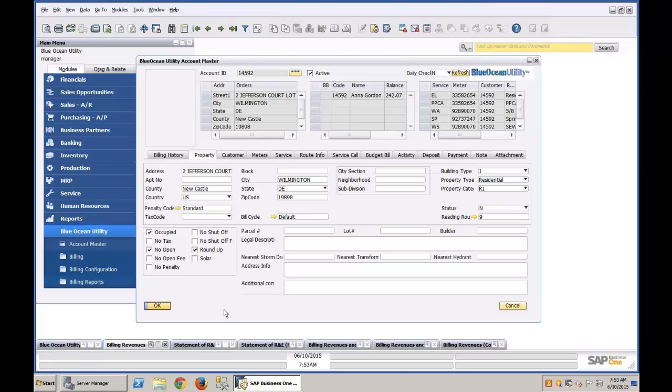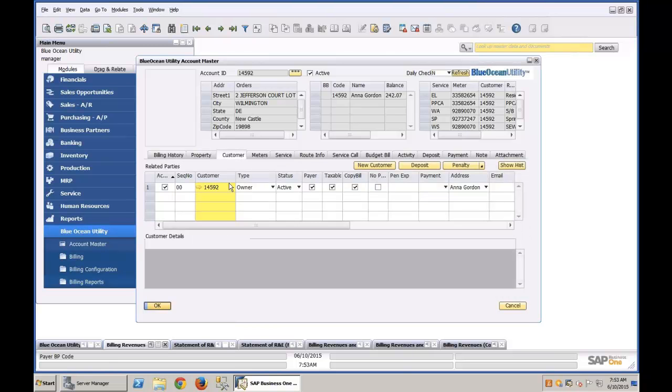Let's look at the customer next. On the customer tab, we can see important information about the customer, whether they are an owner or a tenant, or possibly a tradesperson who performs certain activities or obtains permits for that property.